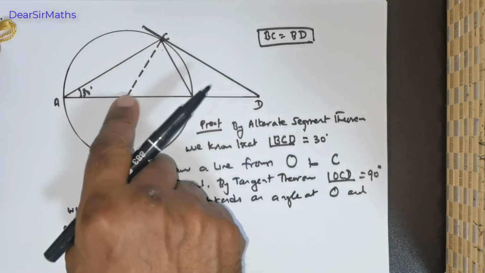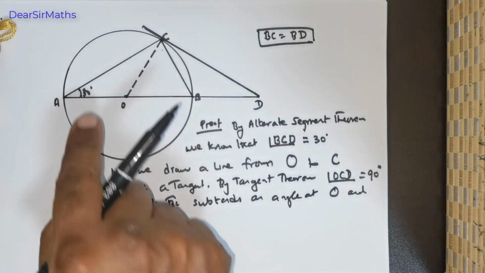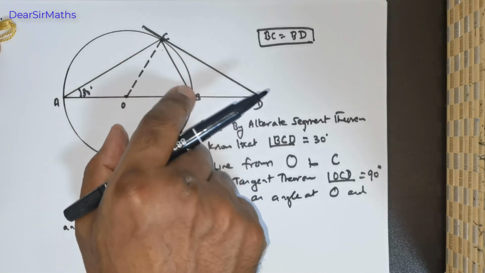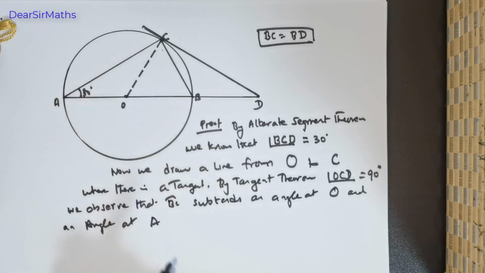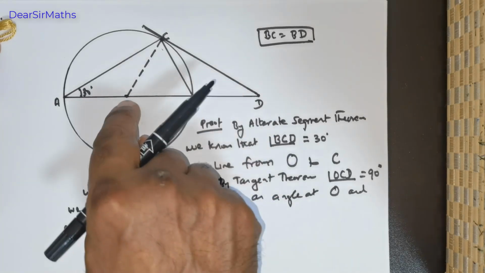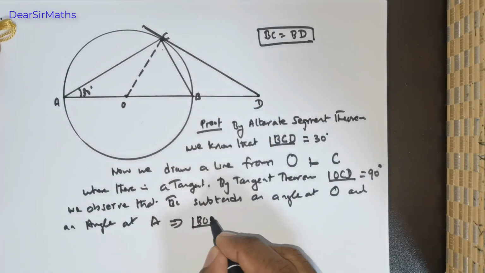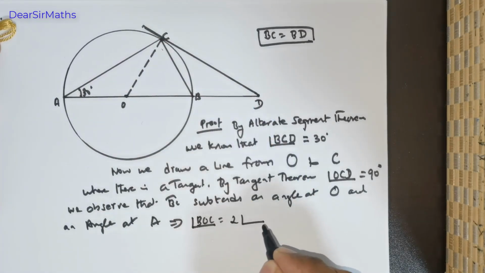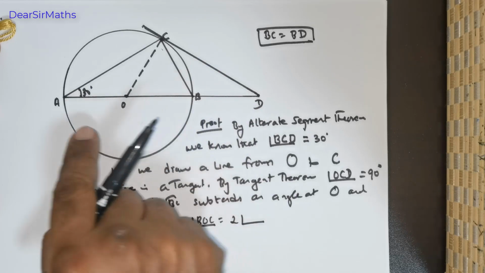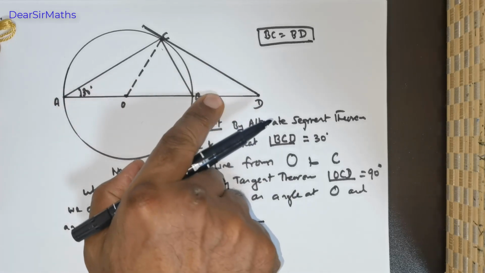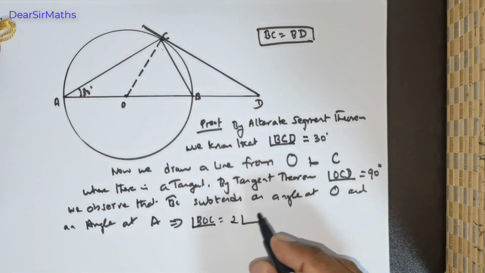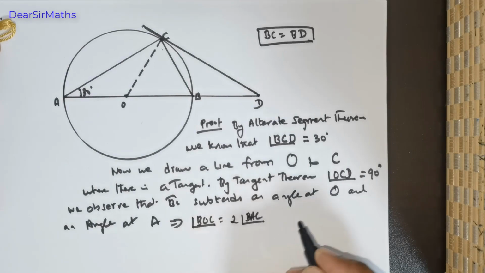We know that according to the central angle theorem, the same arc is responsible in subtending these two. So this would mean angle BOC is equal to twice the angle BAC, right?